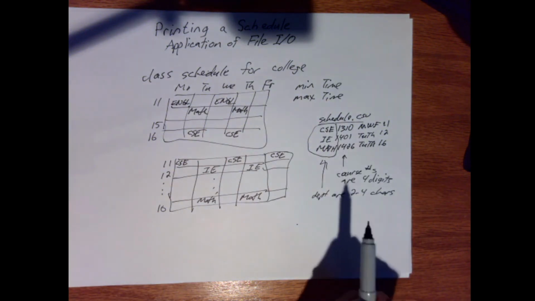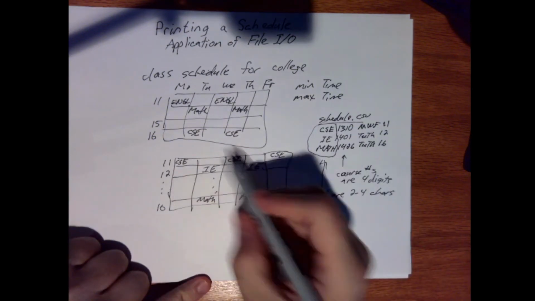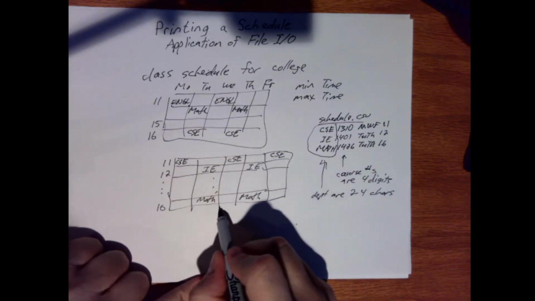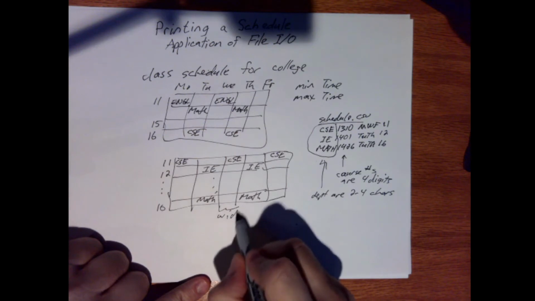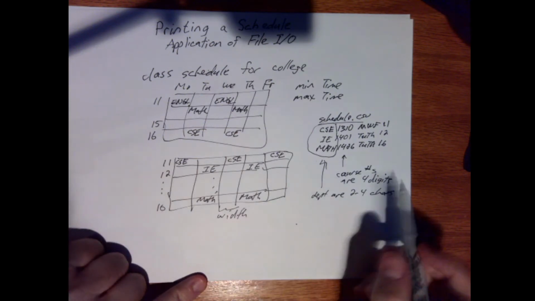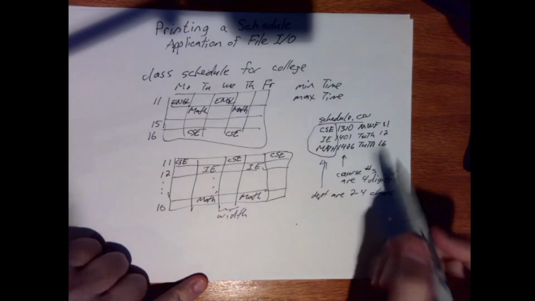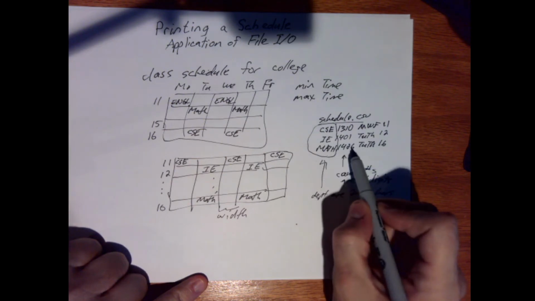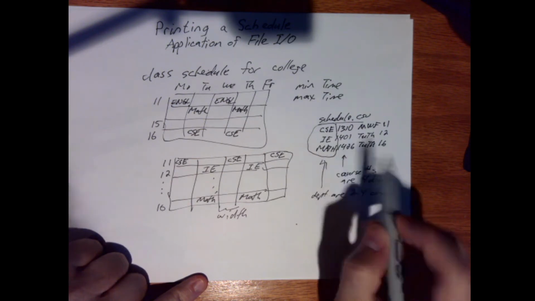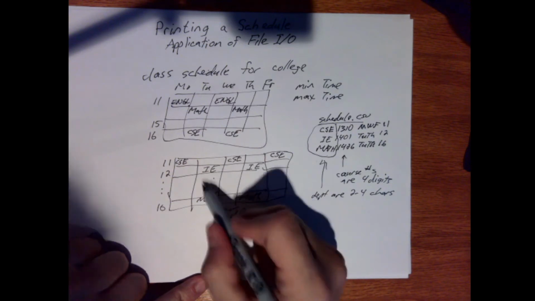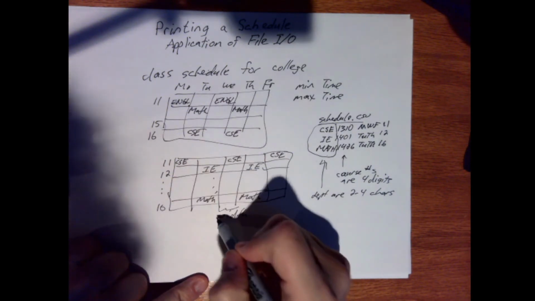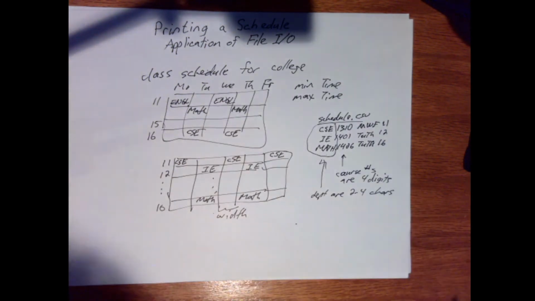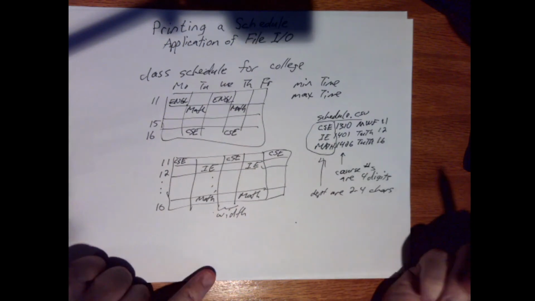So I probably want to deal with that when I'm printing this stuff out, because I'm trying to figure out what's the width here. That's going to be based upon the largest, right? So if I have math space 1426, well, that's 9 characters right there. So each column needs to be at least 9 characters in width if I want consistency. And then I can deal with the spacing within that. So that's something to consider.